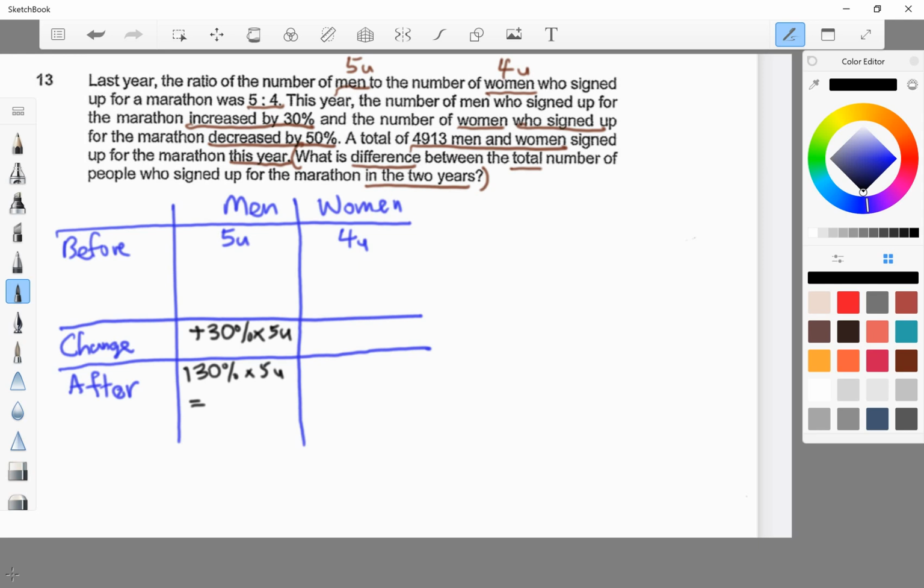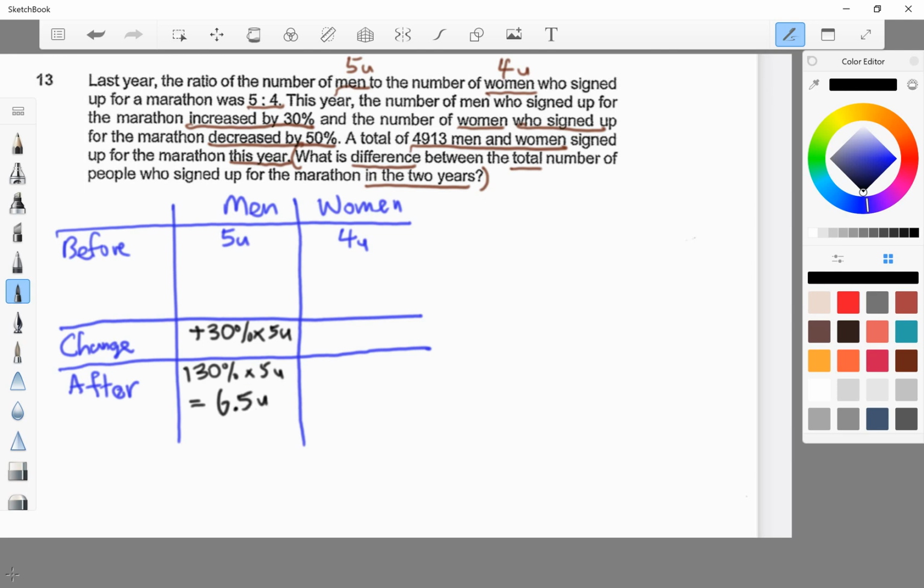So if you were to key this into the calculator, you will actually obtain 6.5. So I'll just show up as 6.5 units. I'll write it down into my table.